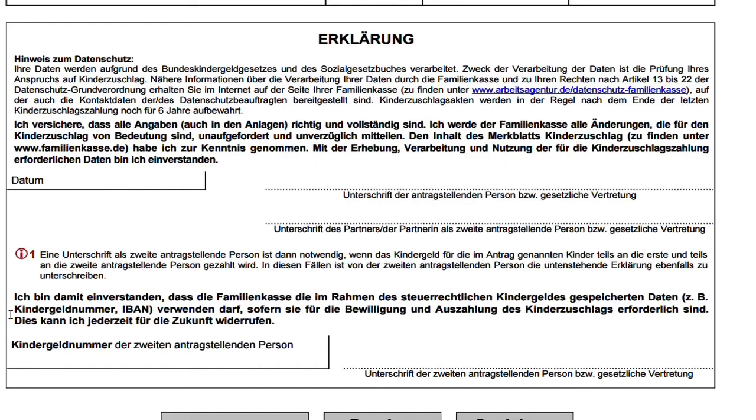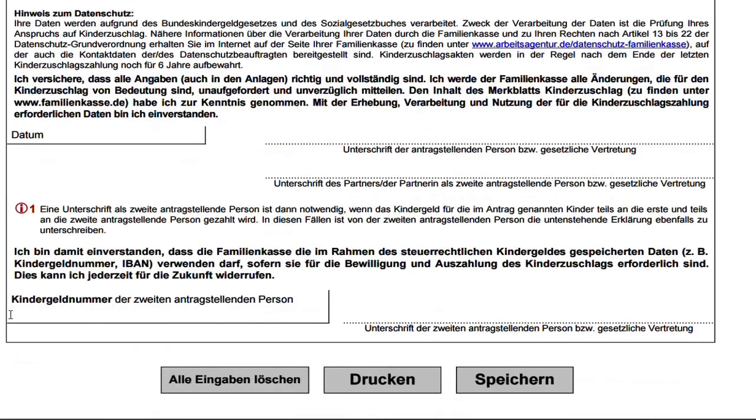And he or she can revoke this at any time in the future. Here, he or she should write the Kindergeld number or child benefit number based on which he or she receives child benefit for his or her child or children. And here, he or she should sign, or his or her legal representative should sign.